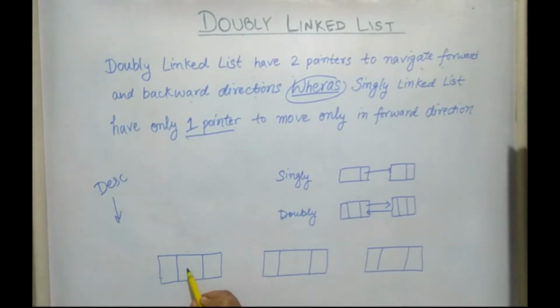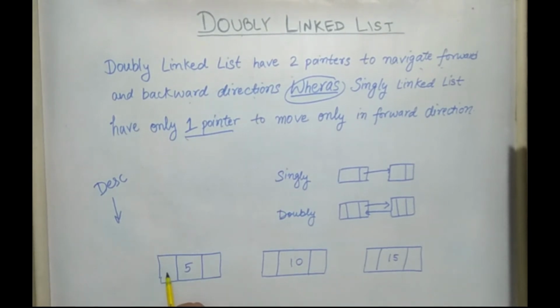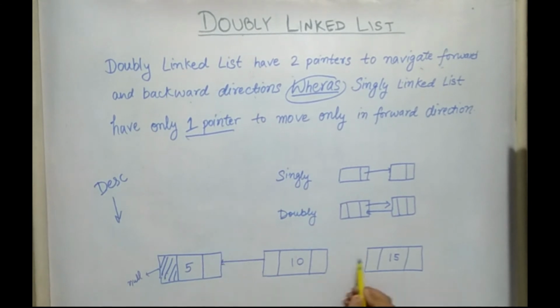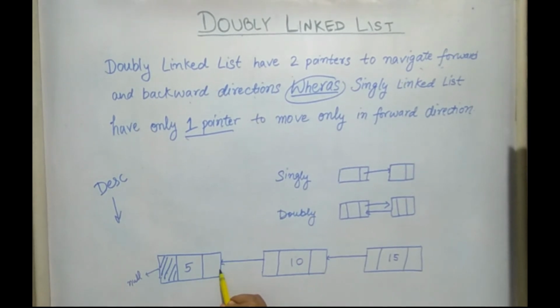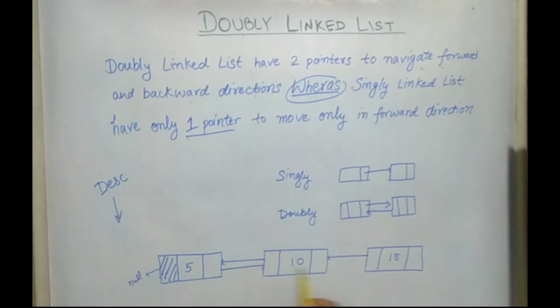The middle compartment is for data. The first compartment is the link to the previous node. And the third compartment is the link to the next node.